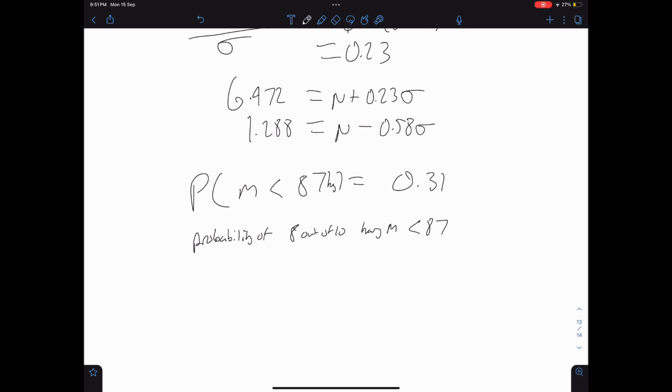And that's a binomial distribution question. Or in a sample of 200, how many will have mass less than 87, something like that. And just use your discrete random variables knowledge there.